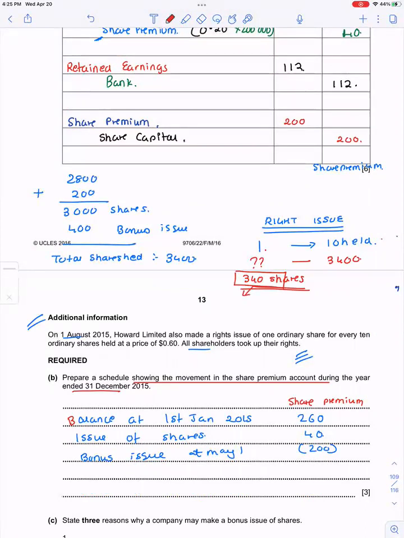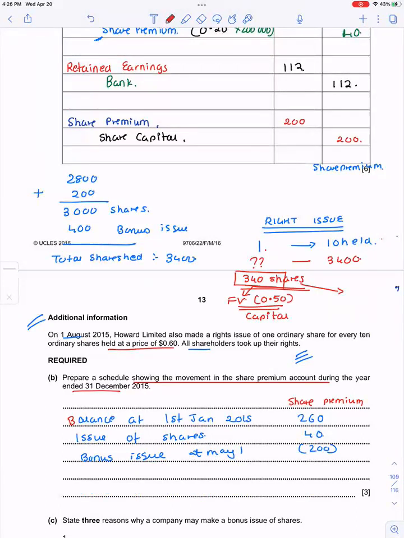This multiplied by the face value, that is 0.50, will give you capital. Miss, why this, not 0.6? You did a right issue at 0.60, but the face value of your share would remain constant, right? 0.50 is the face value of the shares.